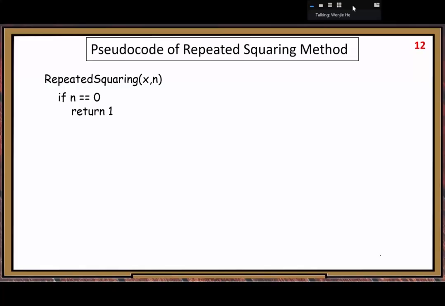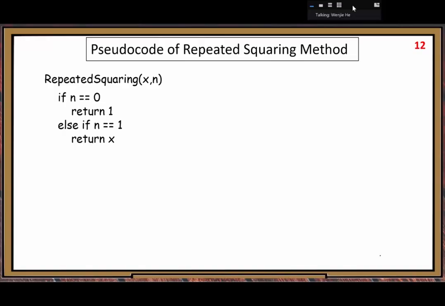That's the first base case. Second base case, n equals 1, we return x. After that, we assume n is greater than or equal to 2, an integer of at least 2.